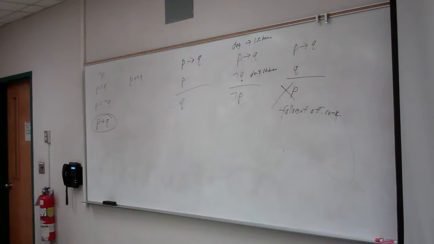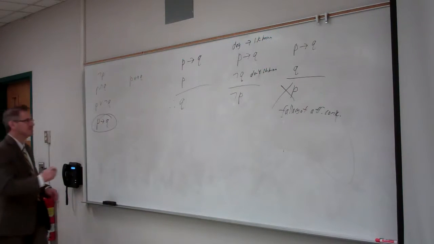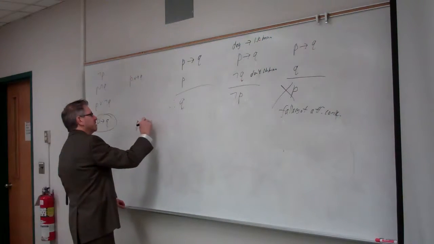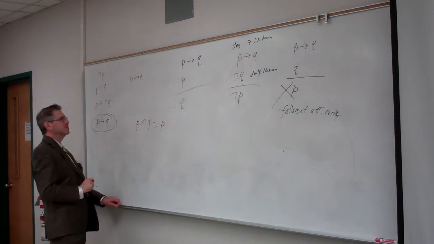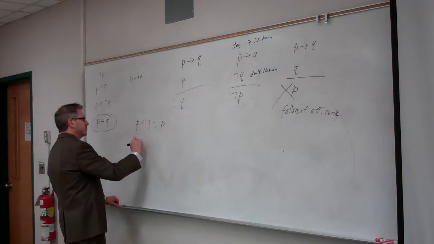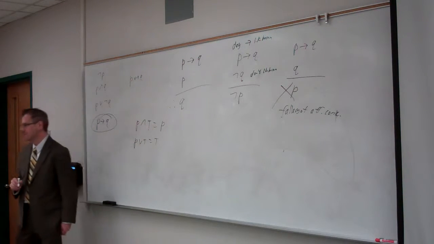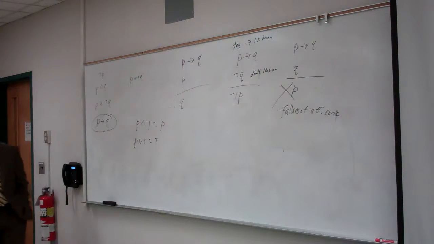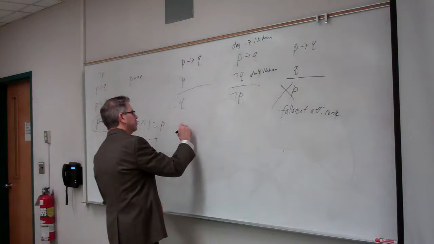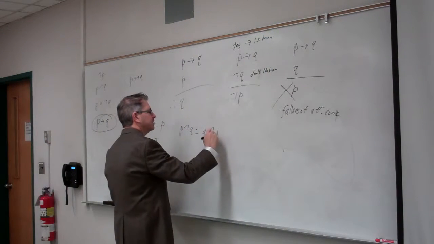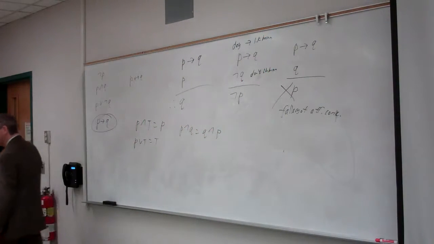So there are identities that go along with propositions, just like there are identities for sets and for Boolean things. A proposition and true is just the proposition. A proposition or true is always true. P and Q is the same as Q and P, and so on and so forth.